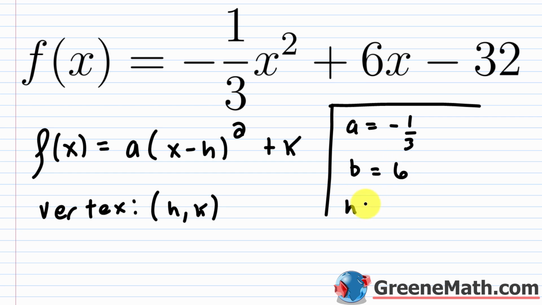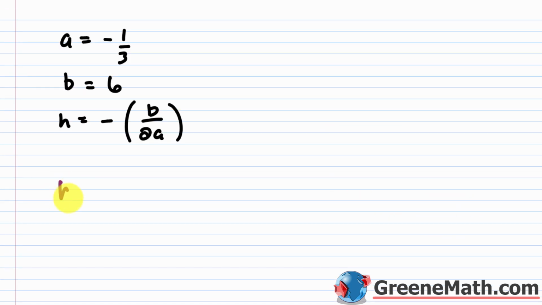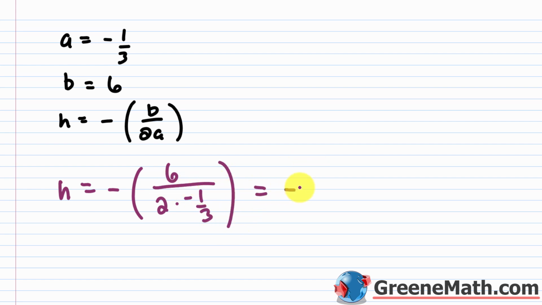And then your h is equal to the negative of, again, your b over 2a. So h is equal to the negative of, for b, you have 6, over 2 times, for a, you have a negative 1/3. Okay, let me extend this a little bit better here. So this would be equal to the negative of, let me write 6 as 6 over 1, and then over 2 times negative 1/3, which would be negative 2/3.